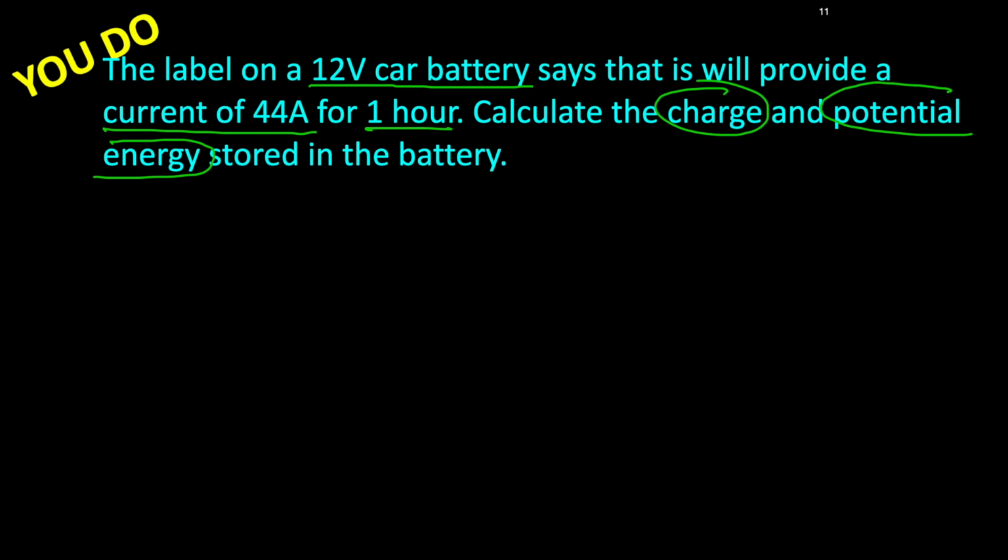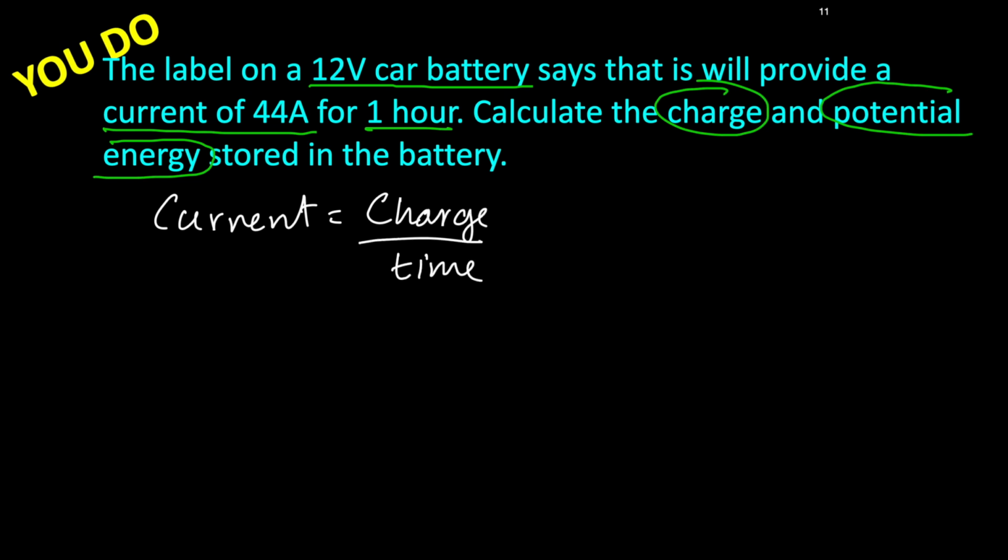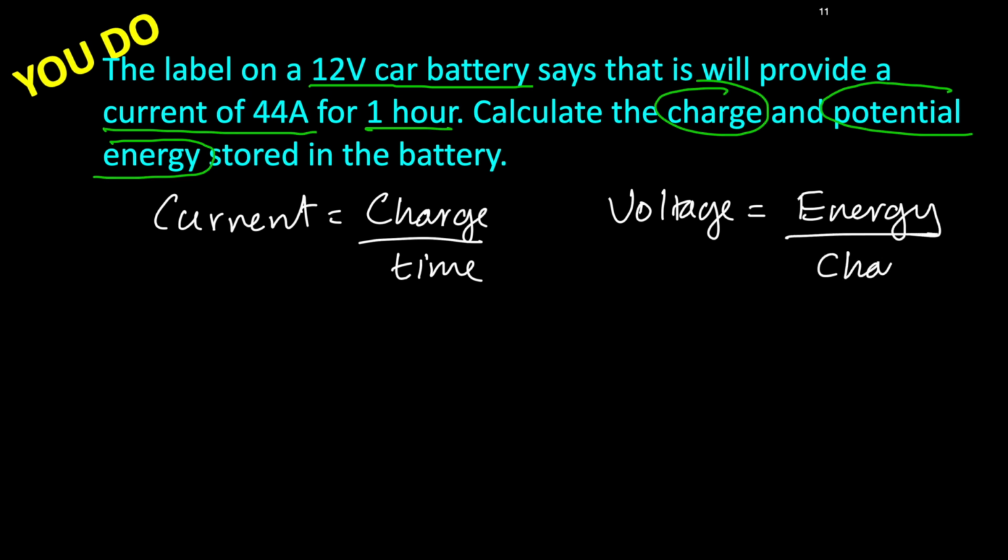Now we have two equations that we know. One is that current is equal to charge divided by time. The other equation is that voltage is equal to energy divided by charge.